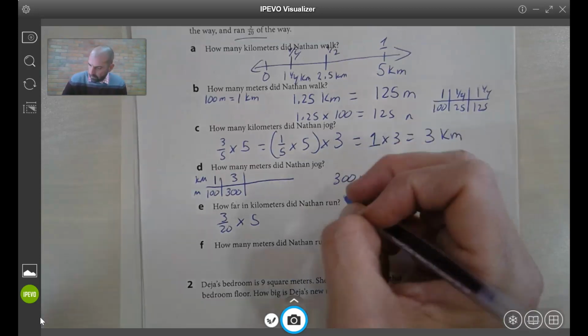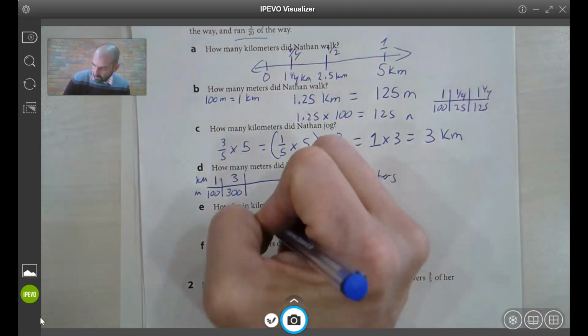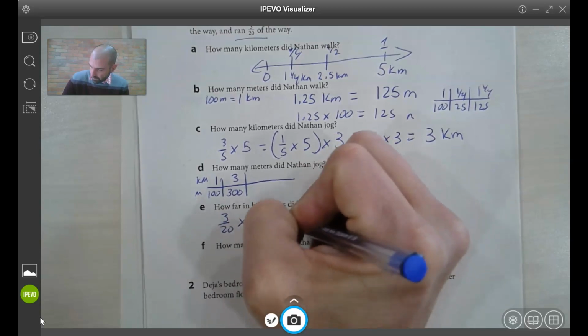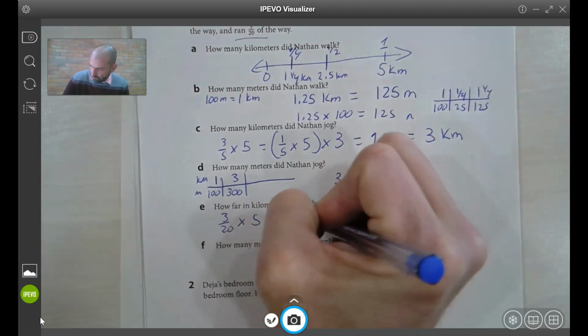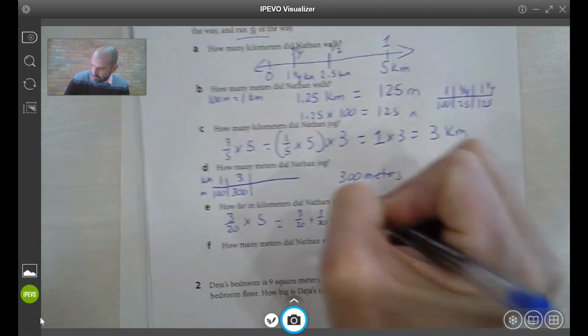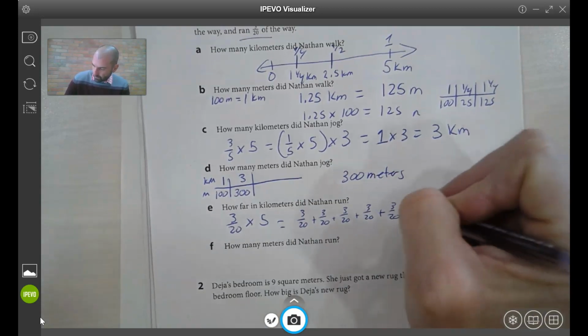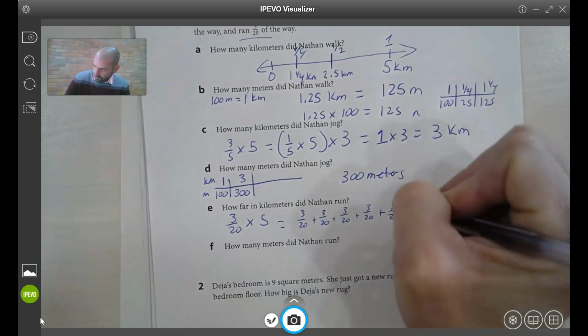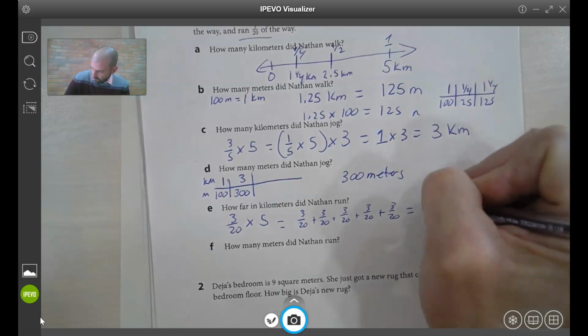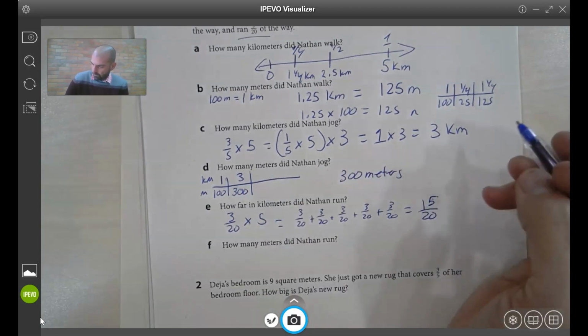I think with the 3/20, that's all I'm going to do. So same thing, 5 groups of 3 is 15. So 15/20 of a kilometer.